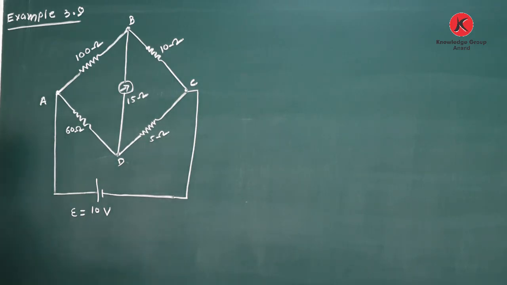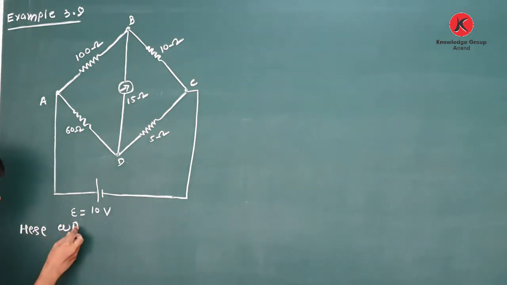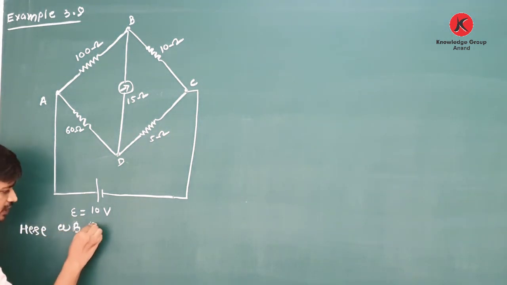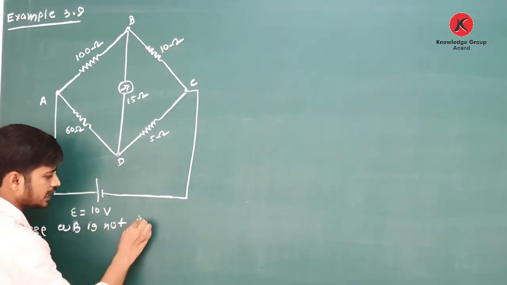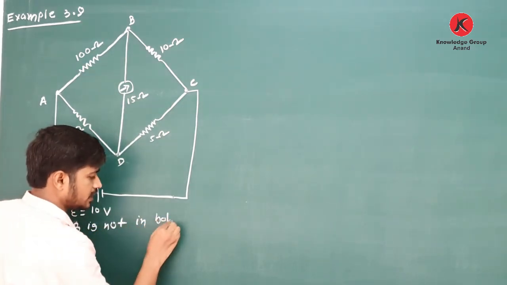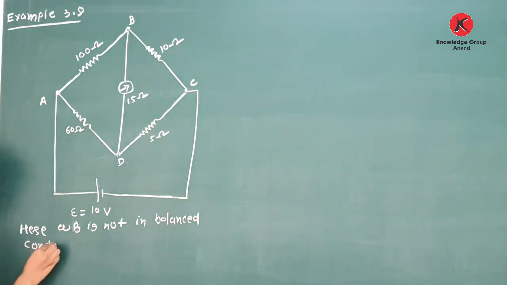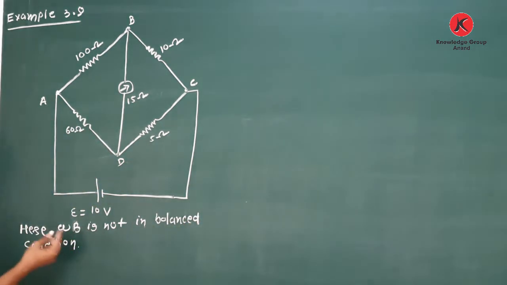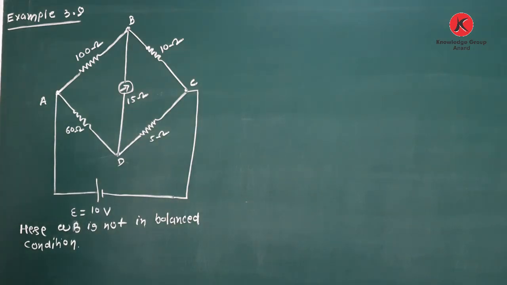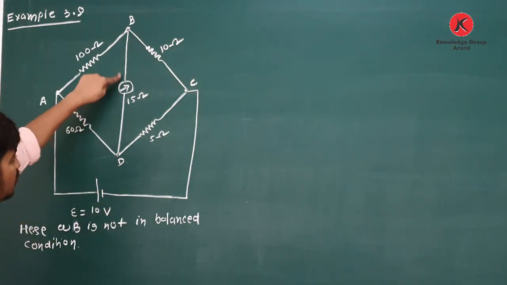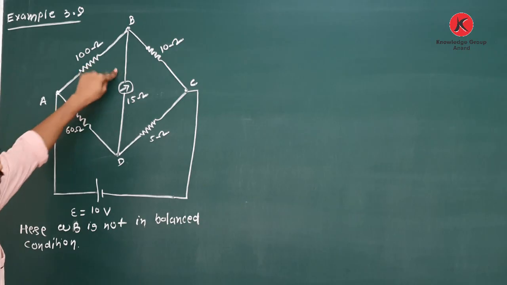So first statement here you have to write: here Wheatstone Bridge is not in balanced condition. Clear about this? Okay. Then if it is not in balanced condition, current will flow through this galvanometer.